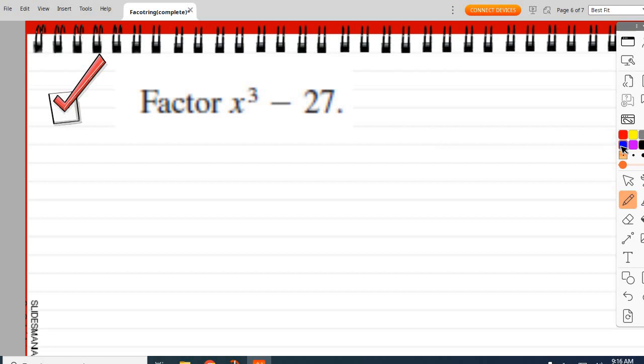Difference of cubes, right? If we notice, x cubed can be written as x times x times x, and 27 can be written as 3 times 3 times 3, right? So both of those are perfect cubes, and then we're just using our formula there, okay?